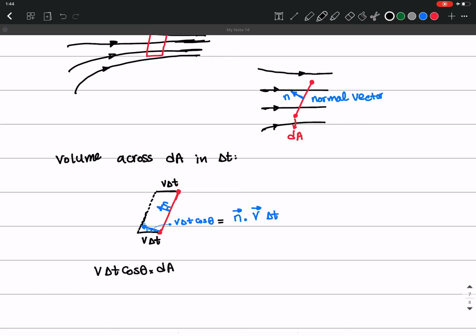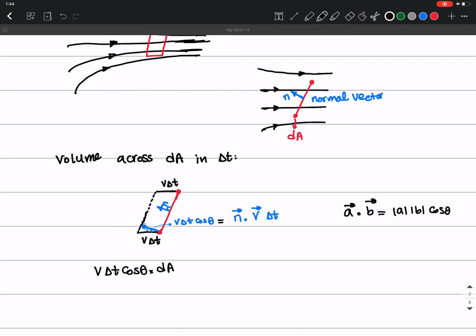So from your calculus, if you have two vectors, the dot product of them, A dot B, is gonna be AB cosine theta. Okay, so that's exactly what we have here.